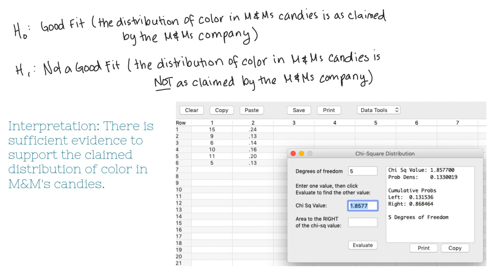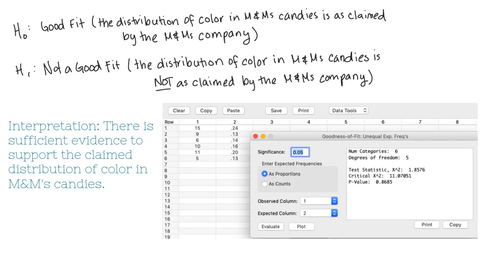But if I go to analysis and I go to goodness of fit test, you can see that not only does it give me my critical value, my test statistic here of 1.86, but it also gives me the p-value. That way I don't have to calculate this test statistic by hand using that long formula.